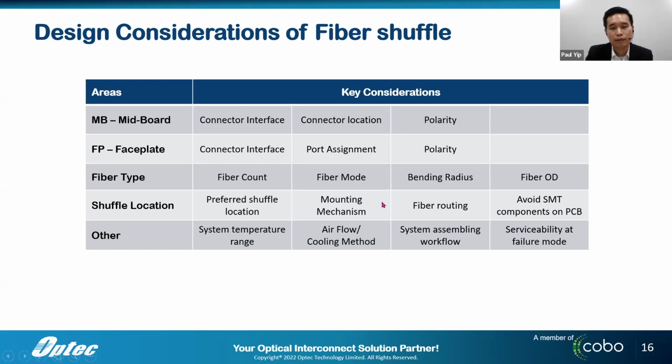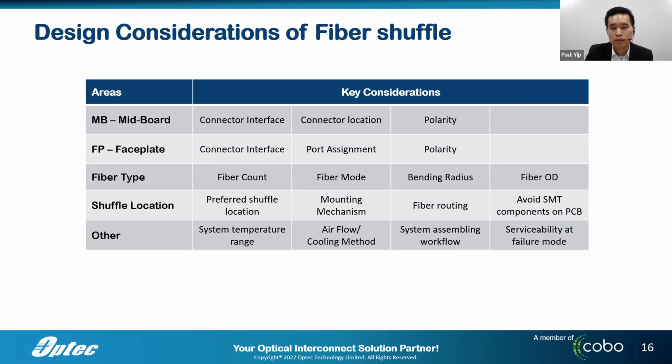And how they are mounted onto the PCB. So typically we are seeing that on the PCB, there are a lot of SMT components. Our shuffle, or flexi circuit, can route around this so that we can avoid those bumps on the PCB.